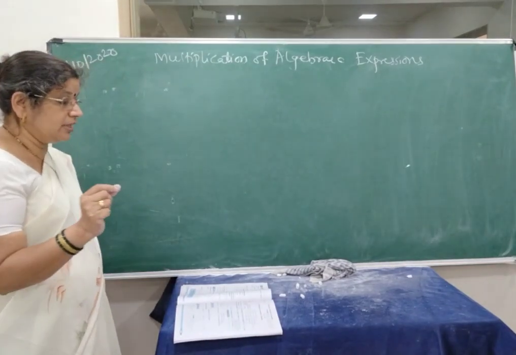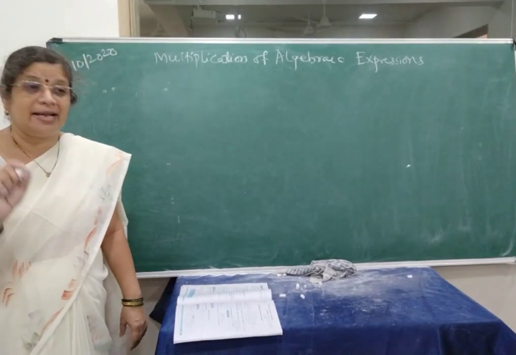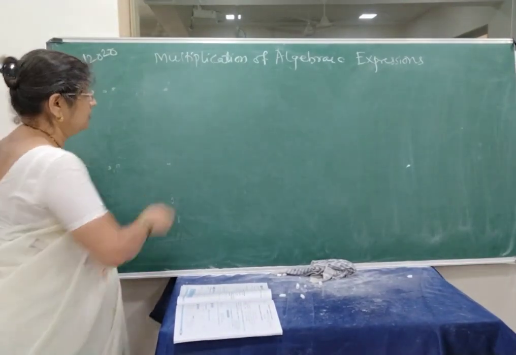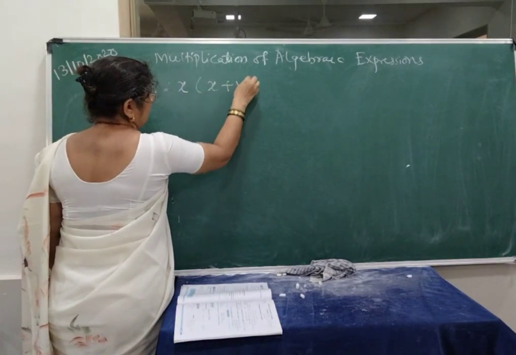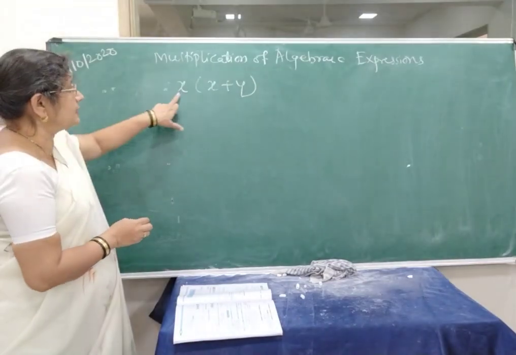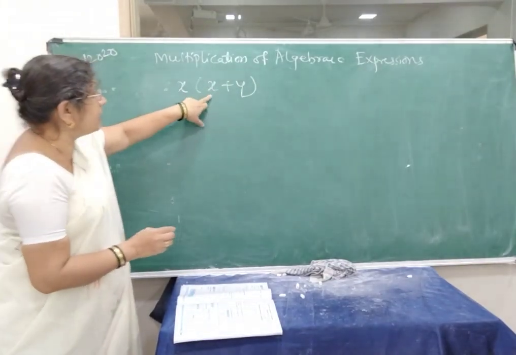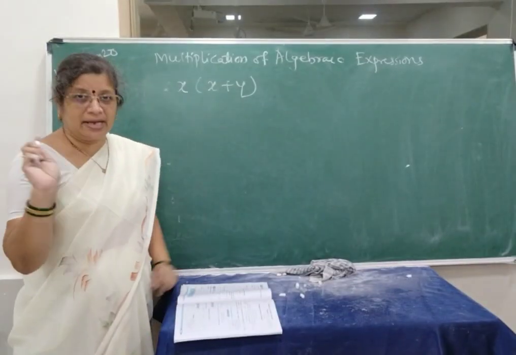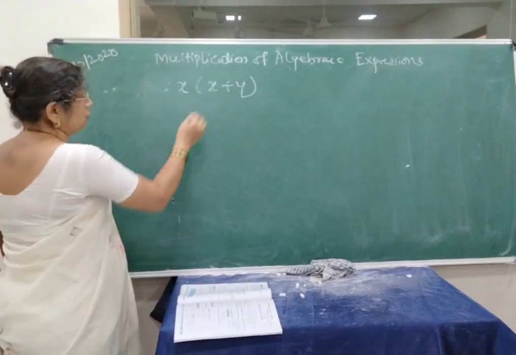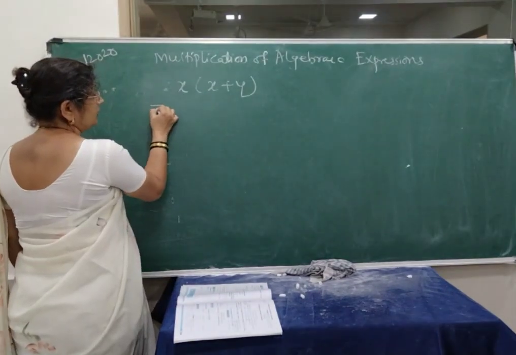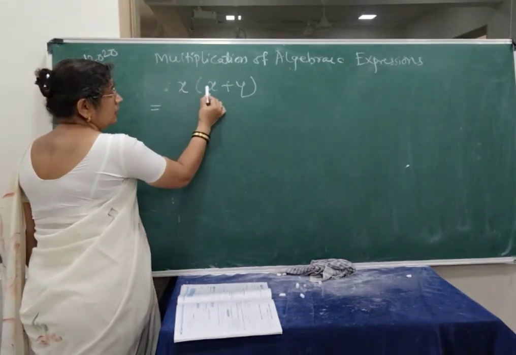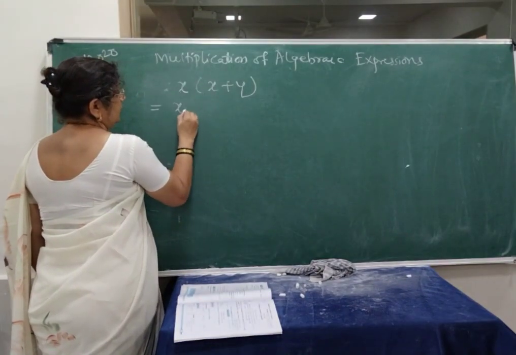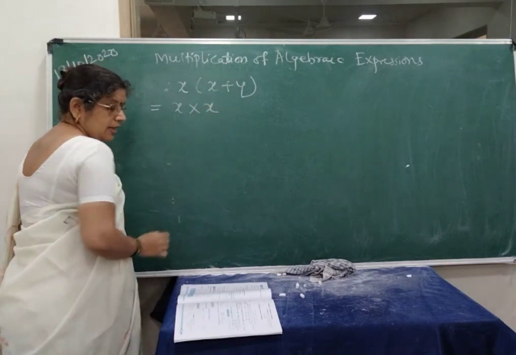Now we are going to see multiplying a binomial by a monomial. Now see, this is x into x plus y. In this case, x is the monomial and x plus y is the binomial. When you have to solve such a sum, first you will multiply x into x, so I will write x into x.